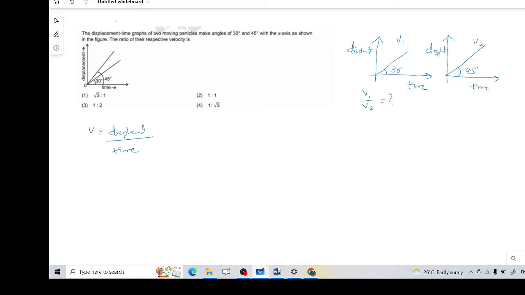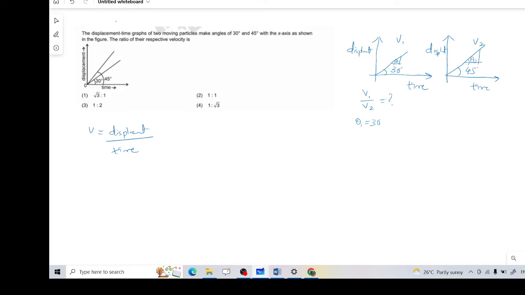See, with the help of trigonometry, how we can solve this problem is, I will draw a slope here. This slope is making an angle of theta. So this theta is equal to 30 degree here, and even in this graph, I can mention this as theta 2, and this as theta 1.